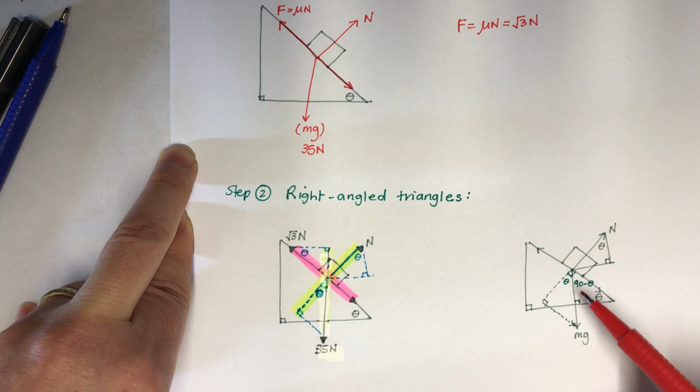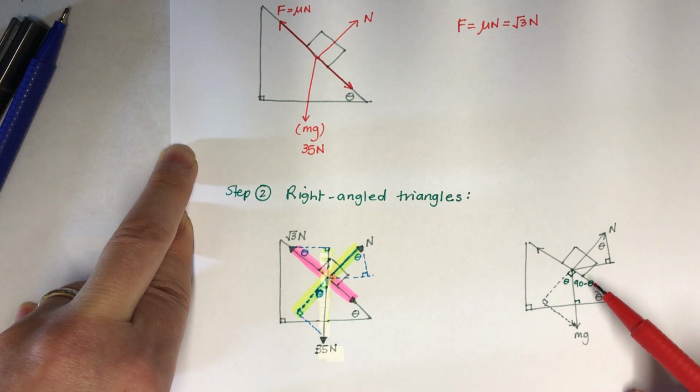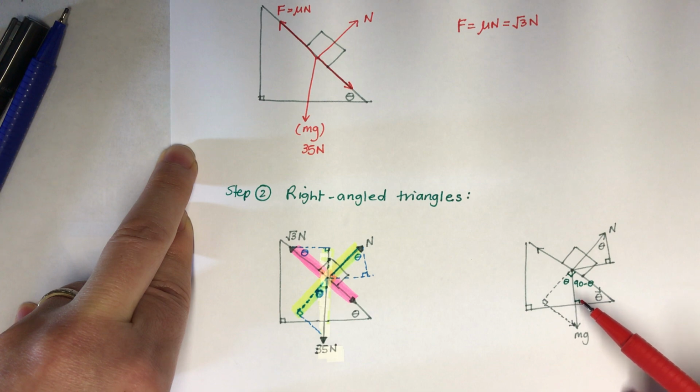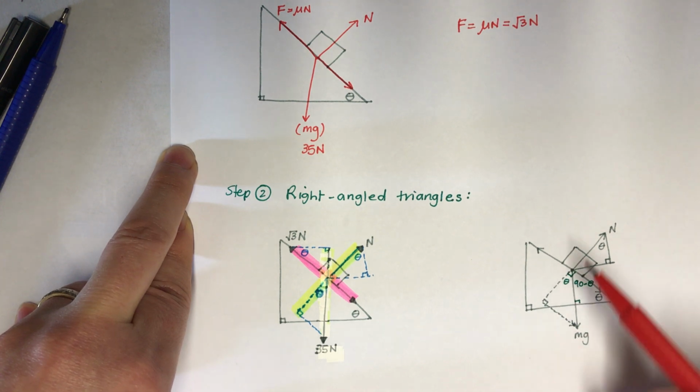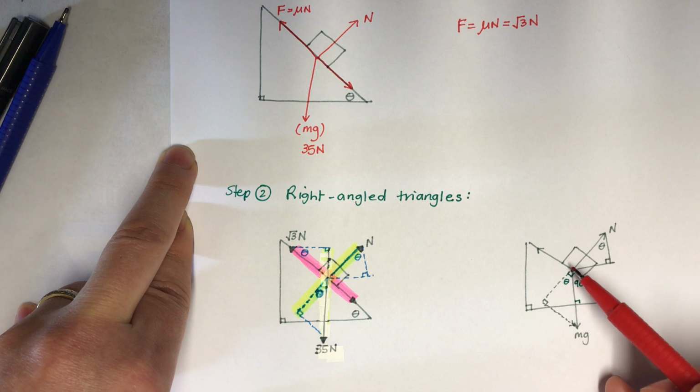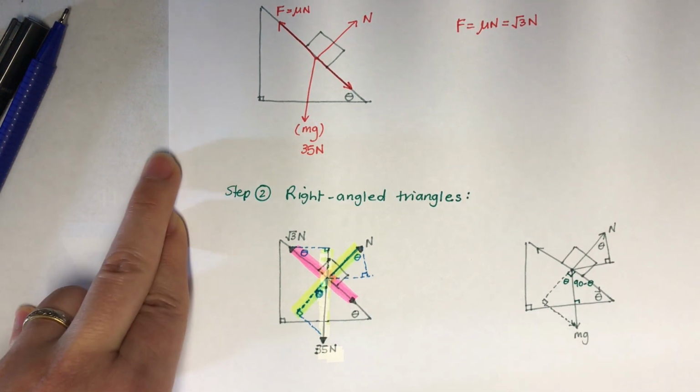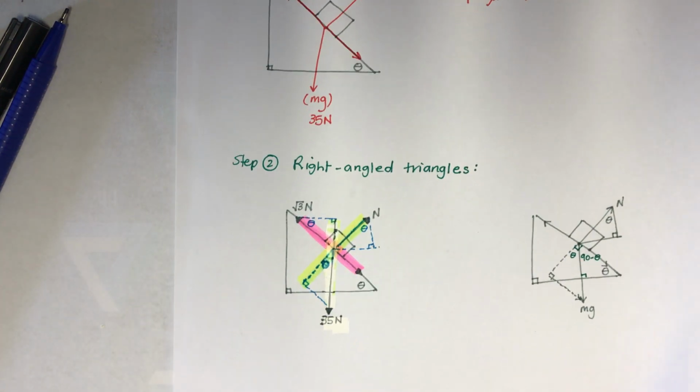So we know that that's a theta, and that's the 90 minus theta, because that's a 90, so an angle sum of triangle, and therefore that little part has to be theta, isn't it? Because the whole thing is 90. So that's why it's a theta. Okay, so that's not too bad.